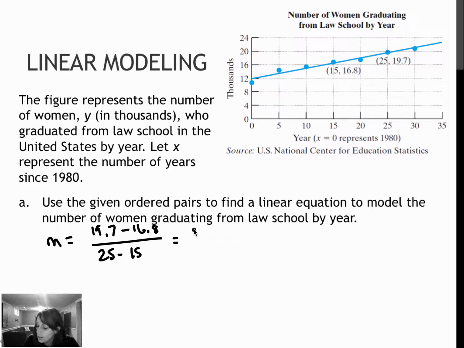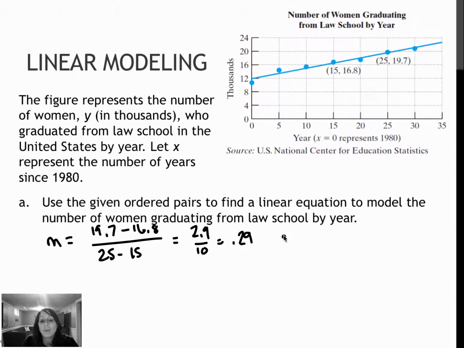When I subtract, I get 2.9 divided by 10. Now typically we would want to leave our slope as a fraction, but quite often when we're dealing with linear modeling, we go ahead and just turn that into a decimal. So if I took 2.9 divided by 10, that's 0.29.